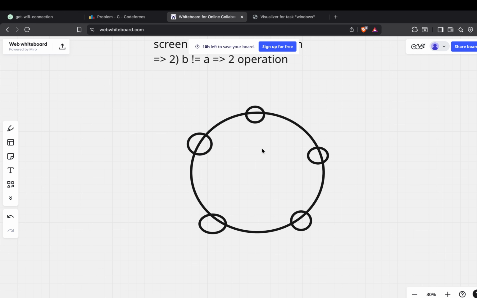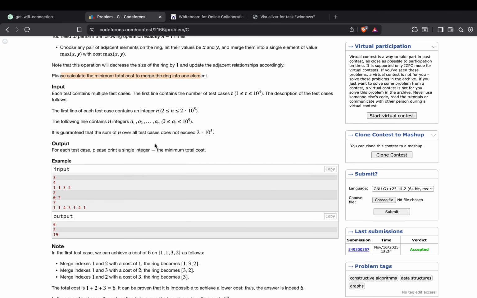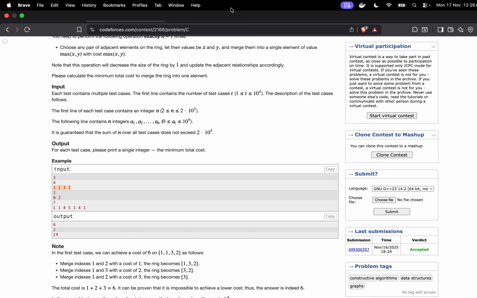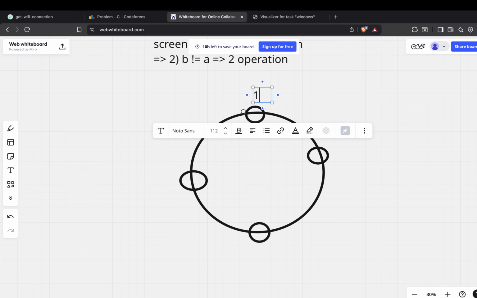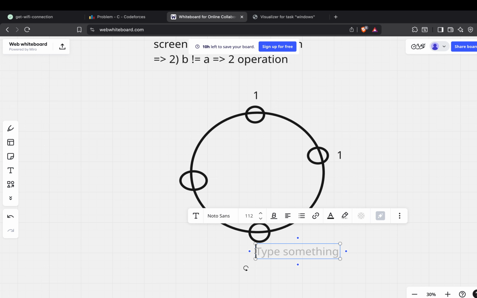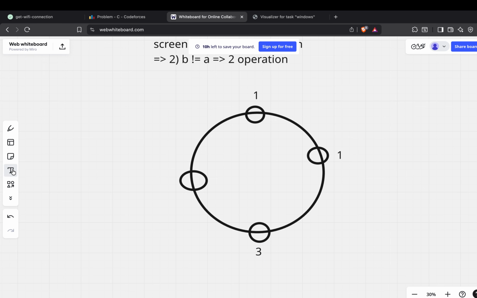Okay, so let's understand it with some examples. Say we had 1 1 3 2. So this is 1, this is 1, this is 3, this is 2.